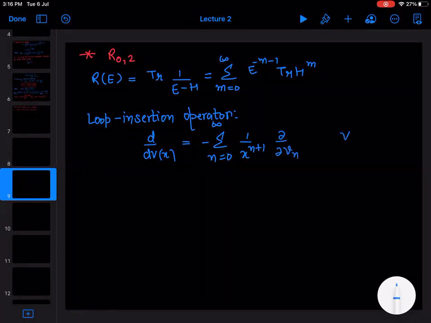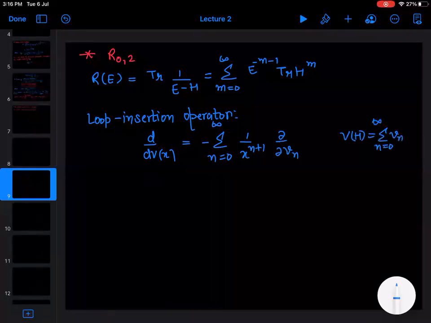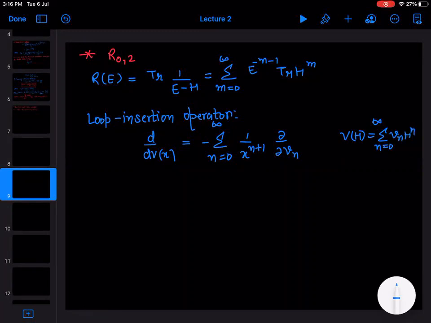Given a series potential like this, where these Vn are the coefficients, we can define this loop insertion operator and operate it on the free energy.